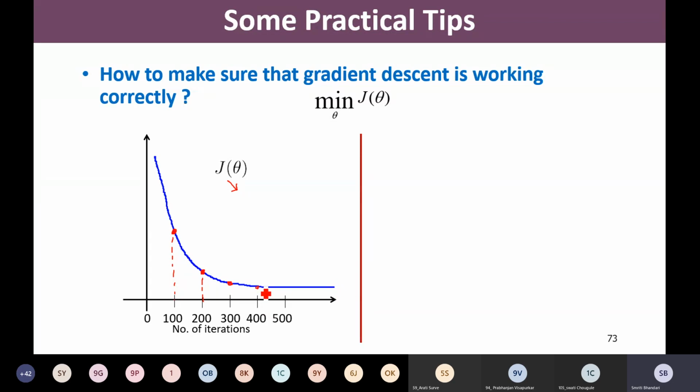If this happens, then my algorithm has converged and I have reached the minima. So this is one way to make sure that our gradient descent is working correctly.